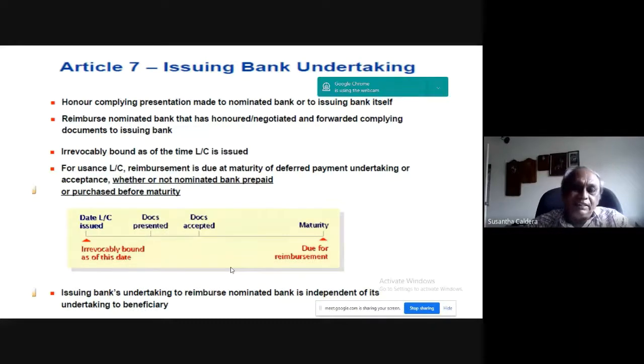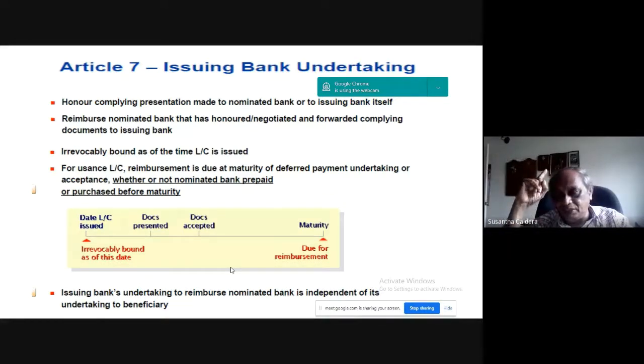For usance LCs, reimbursement is due at maturity of the deferred payment undertaking or acceptance, whether or not the nominated bank prepaid or purchased before maturity. The nominated bank can prepay or purchase.